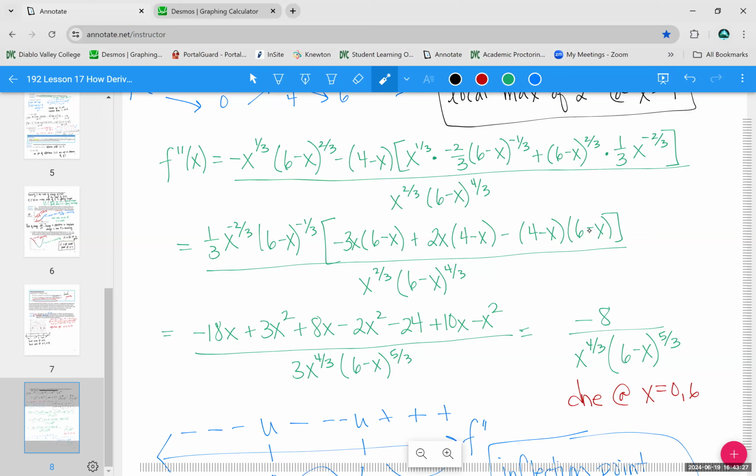So if you can get to here, you've won the battle. Let me just make it a little smaller so you can see the whole thing. So then the final pieces are just figuring out that this doesn't exist at these 2 points, throwing those on a sign chart, doing my pluses and minuses, and seeing that it only changes concavity in one place.